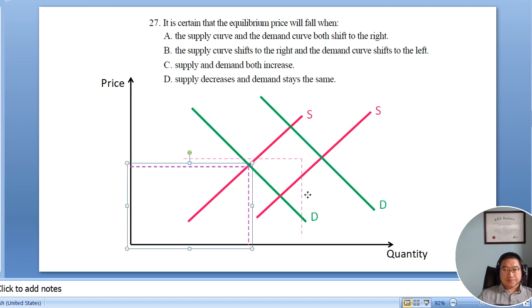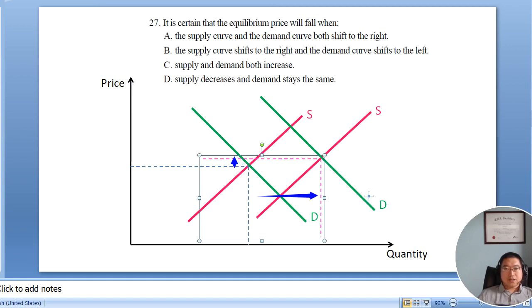And in this case, we have higher equilibrium quantity, higher price. That's about it. But what do we know? Price will fall. Price actually increased in our case, the one case we created.